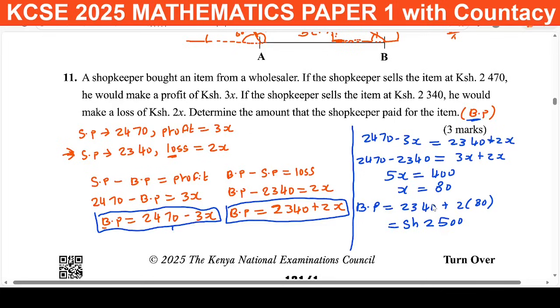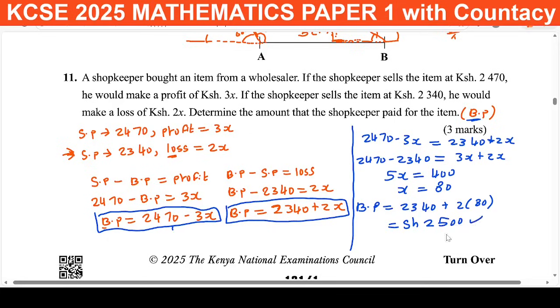And actually, if you replace x in the one with subtraction, let's check it out here. What you have here is 2340 plus 2 times 80. 80 times 2, that's 160. 340 plus 160, that's supposed to be 500, and we have the 2000, therefore this is 2500.